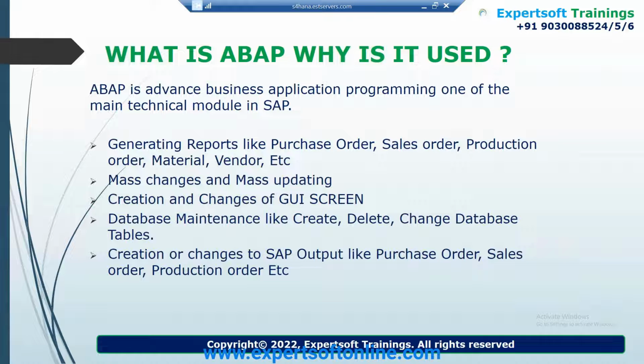There are different function modules and BAPIs which help to change and update the data on a real-time basis, so that every decision and every report is fetched on real-time data. Suppose you have done sales of 1000 crores, so the customer to whom you have sold needs to be updated, and the finance team has to be updated. All those things are updated on a real-time basis. That's the reason it helps in mass changing and mass updating on a real-time basis.